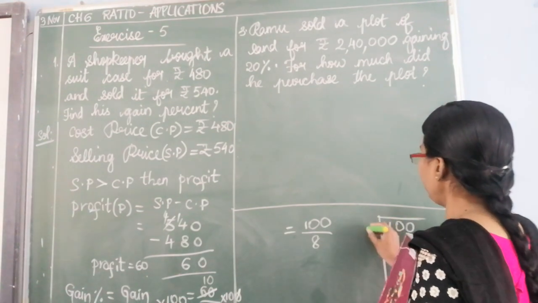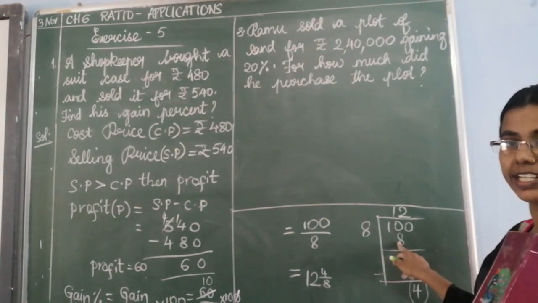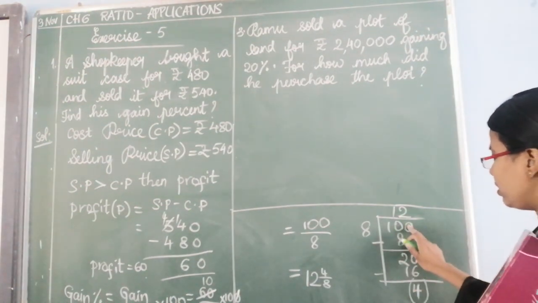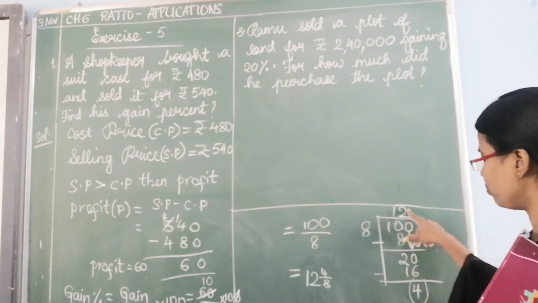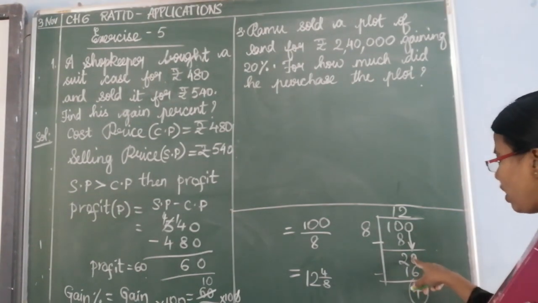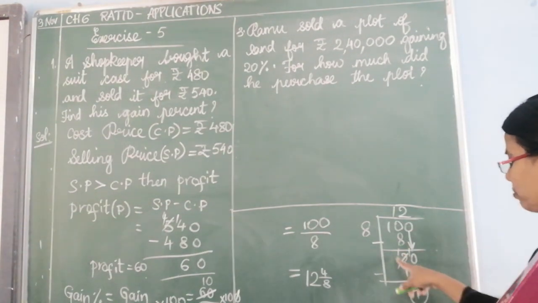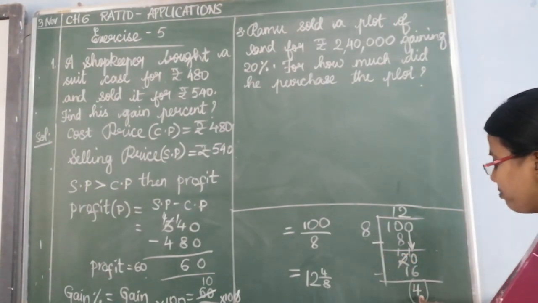Divide this 100 by 8. 8 ones are 8. Subtraction: 10 minus 8 is 2. Then 0 we will bring down. It is 20. 8 twos are 16. Now you need to subtract: 20 minus 16 is 4. 4 is less than 8, so this is the remainder.